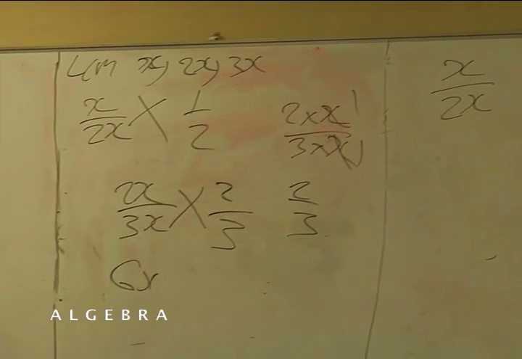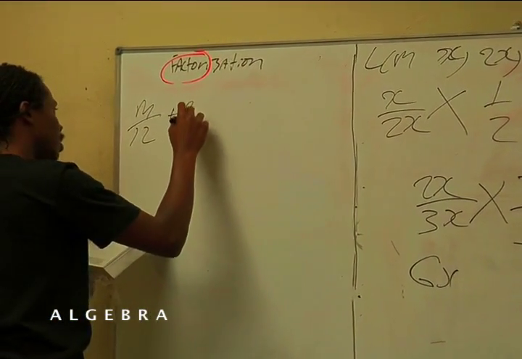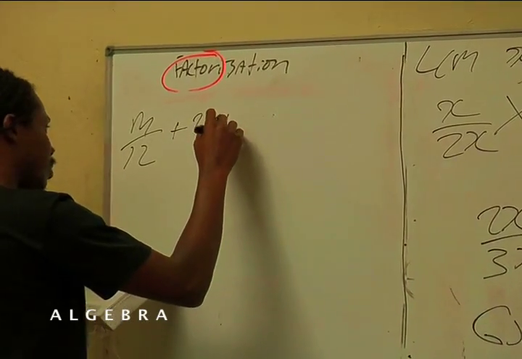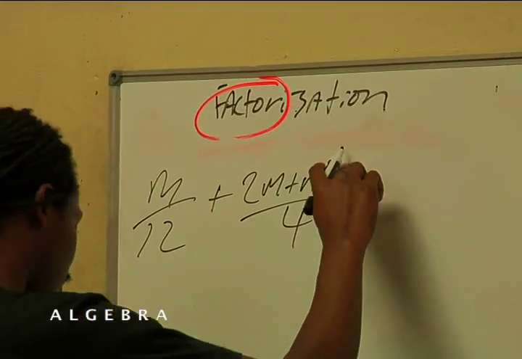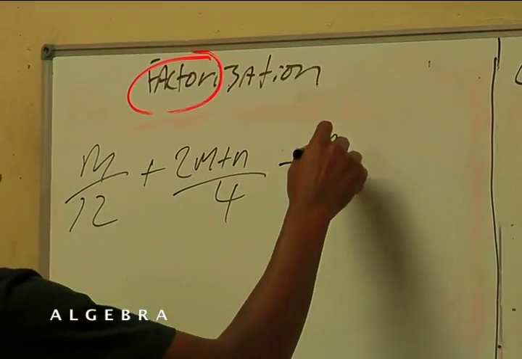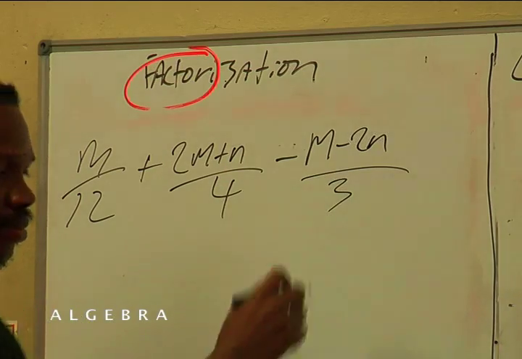M over 12 plus 2m plus n over 4 minus m minus 2n over 3.